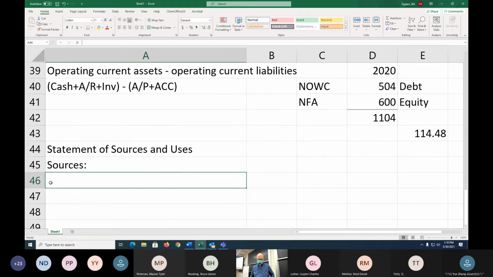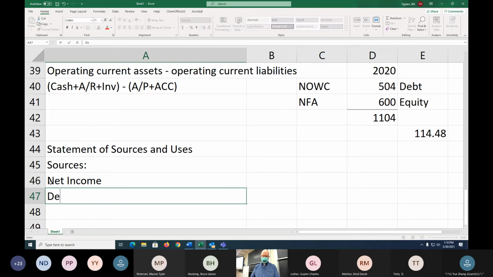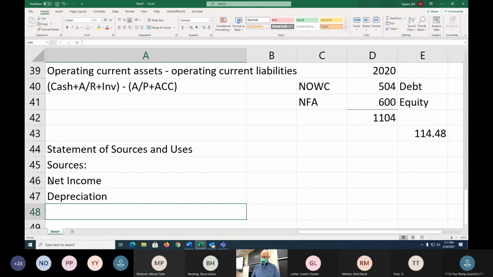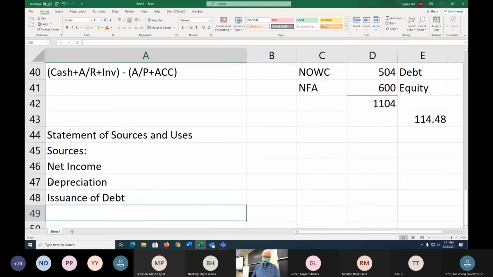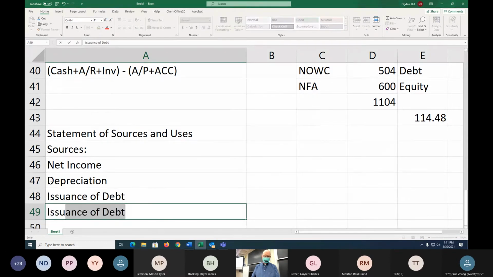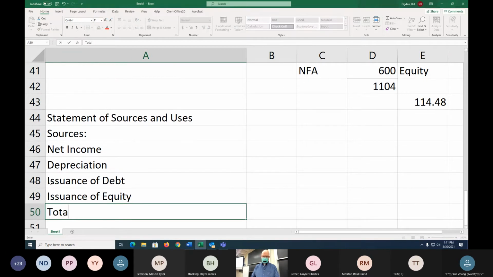Okay, so your sources would be net income, depreciation, and since we don't have that laid out here, it'll be zero, of course. Then we'll have issuance of debt, issuance of equity, that'll give us our total sources.